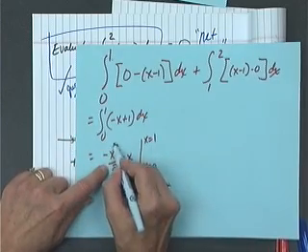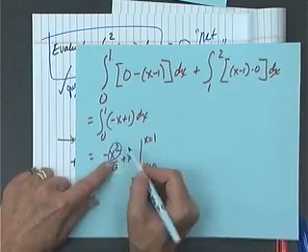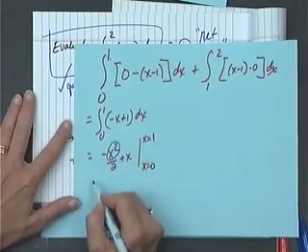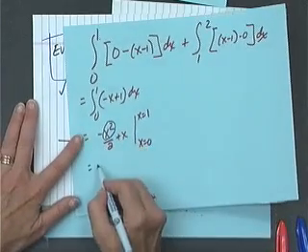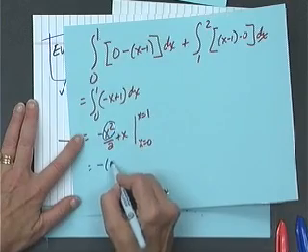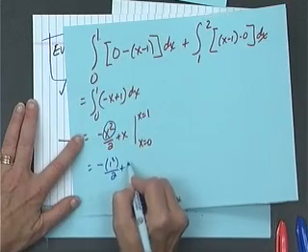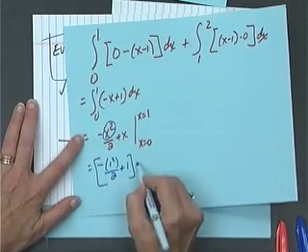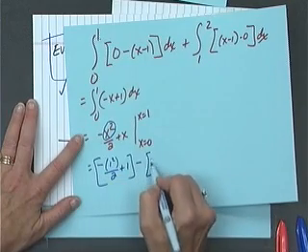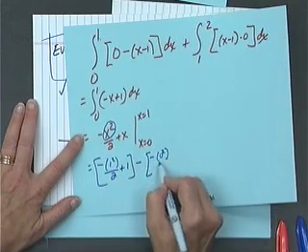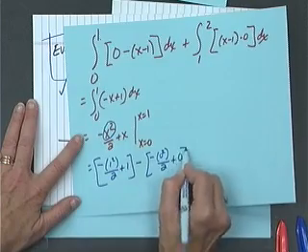Remember that minus x squared really means to square the x and then put the minus with it. So you get minus 1 squared over 2 plus 1, minus a minus 0 squared over 2 plus 0.